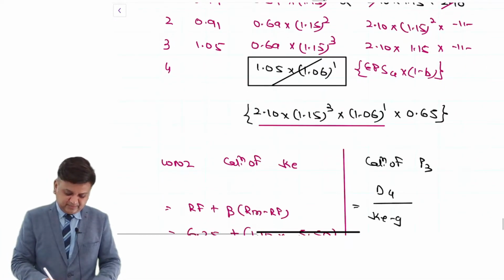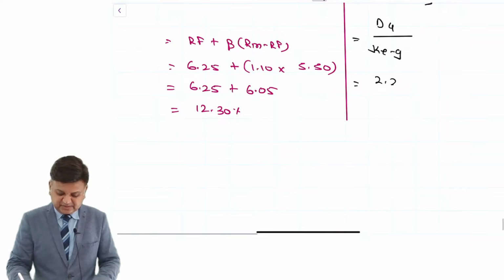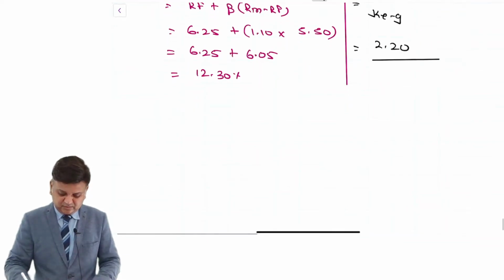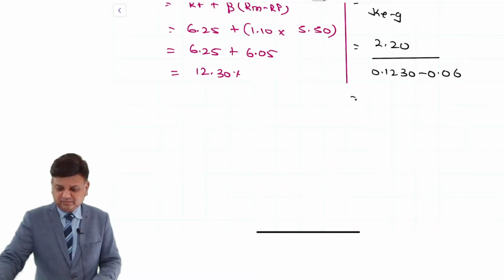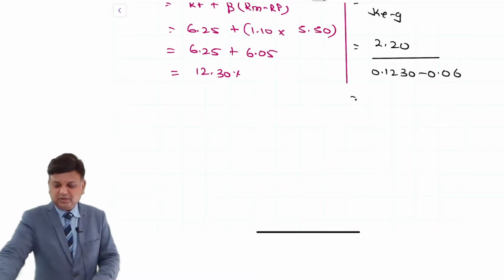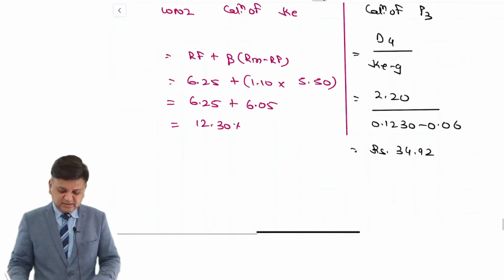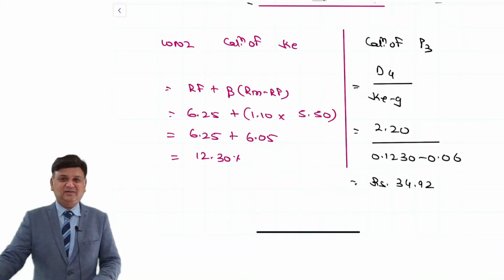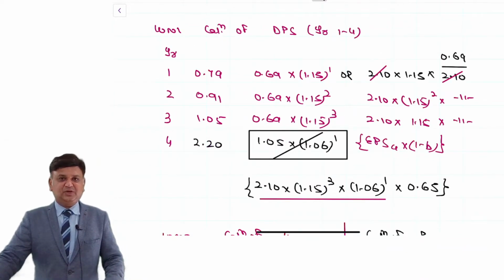So 2 rupee 20 paise. So 2 rupee 20 paise upon cost of equity 12.30 minus growth rate 6%. That comes to 34.92. This is the way P3 is calculated. Try to do the second part of the question on your own.